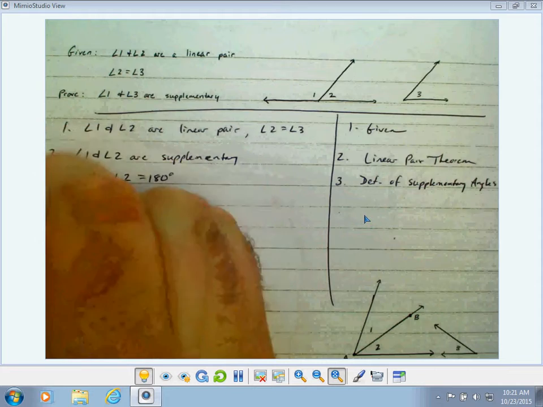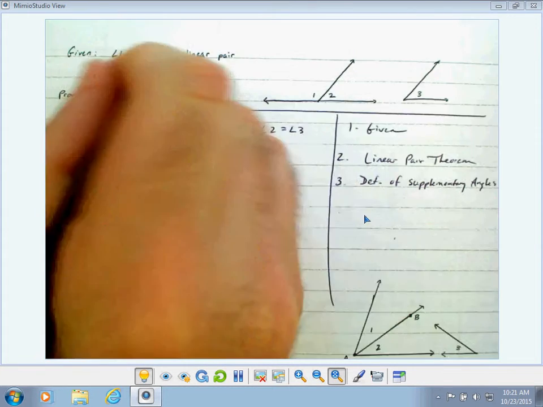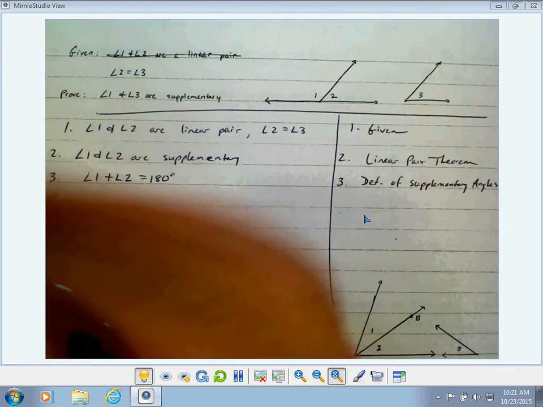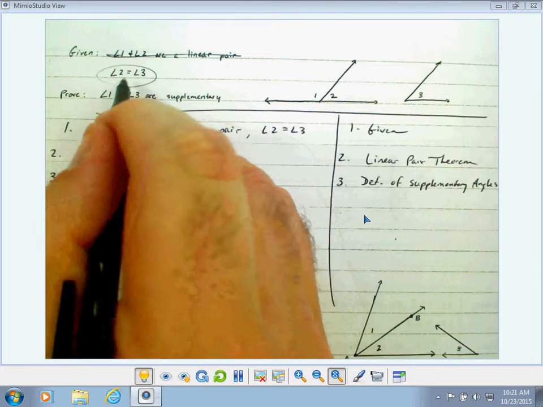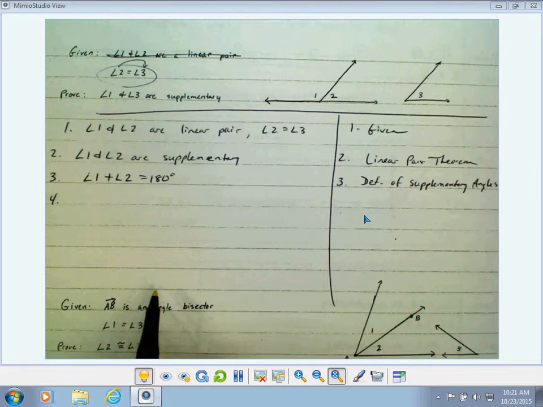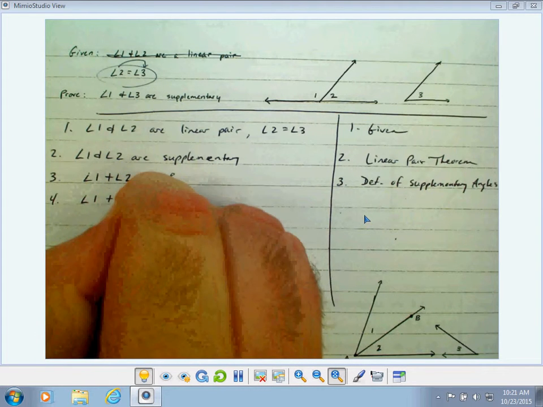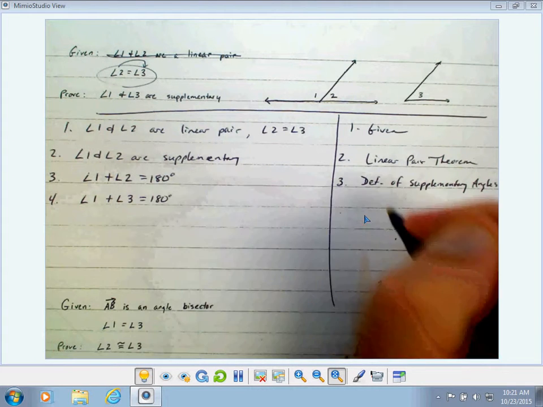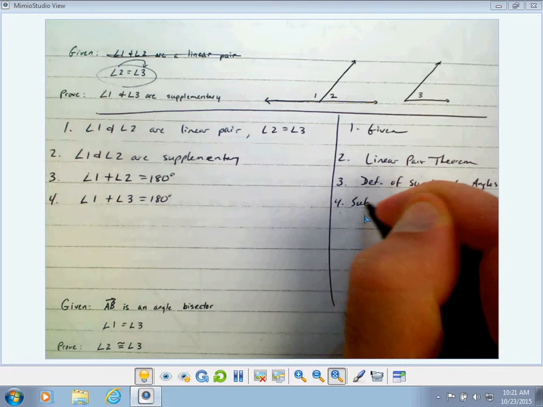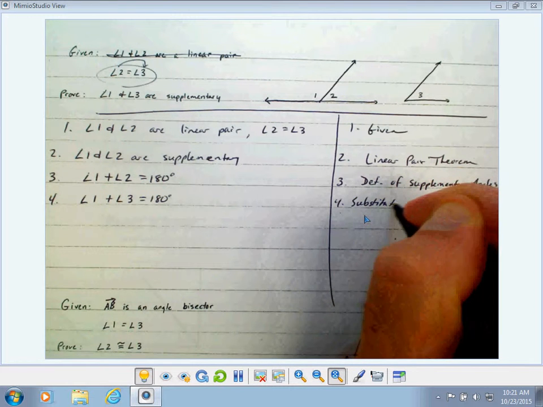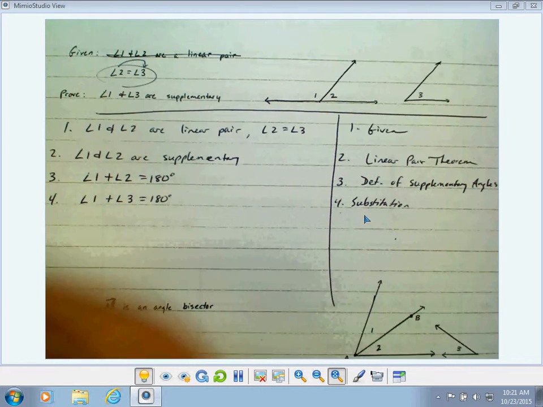Okay, number 4, well, I've used this and I have yet to use 2 and 3, so I'll take out the 2 and put in a 3. We've been doing that a lot. That's substitution. So we're utilizing our given. Now that's gone.